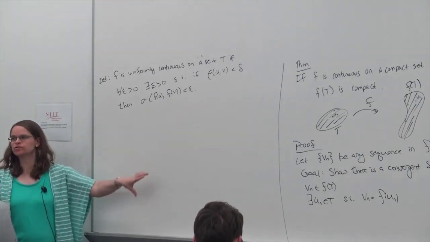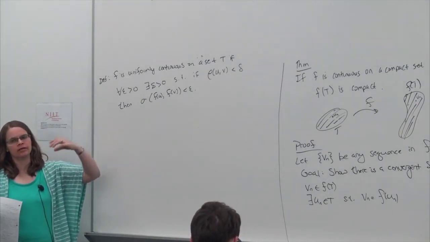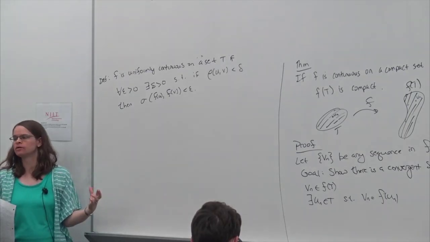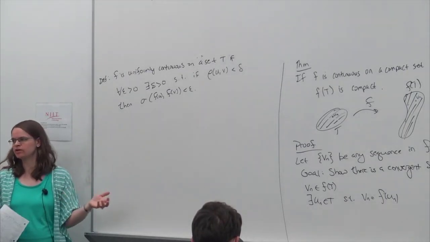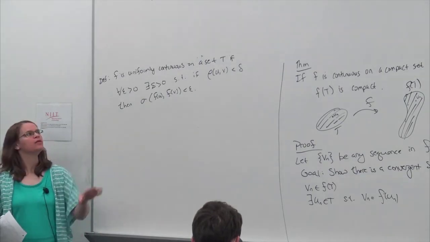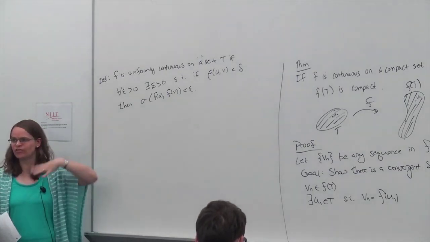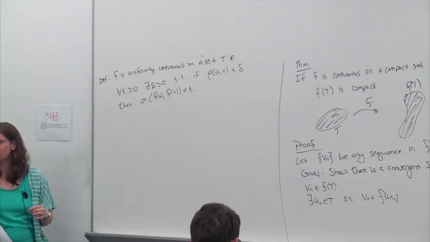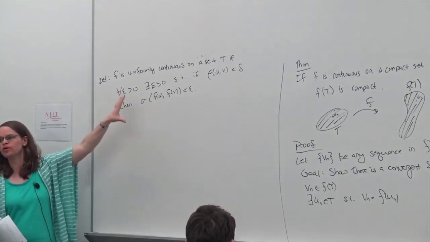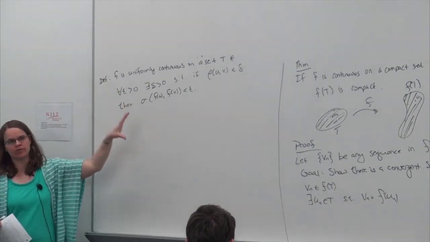And uniform continuity was, I guess, an important ingredient in equicontinuity, that we somehow just have a delta that works everywhere. Equicontinuity is more than that, because we also have a whole bunch of functions to choose from. But this is an important ingredient that we need when we're playing with compactness.